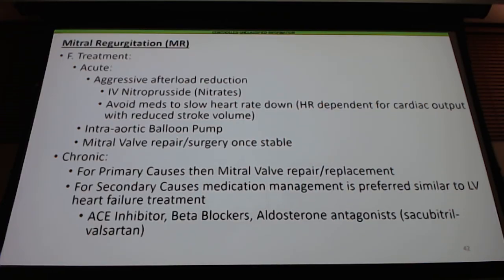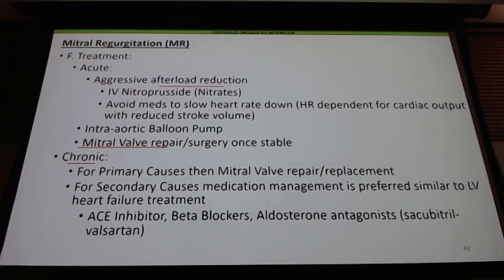In the acute setting, we're going to quickly try to reduce their afterload by giving them things like nitroprusside, or we may need to do some things to help increase that forward cardiac output, things like the intra-aortic balloon pump. But ultimately, these folks are going to need some type of valve repair or replacement to correct this condition.